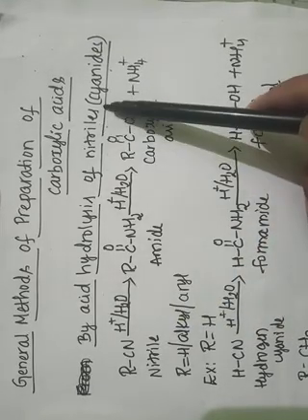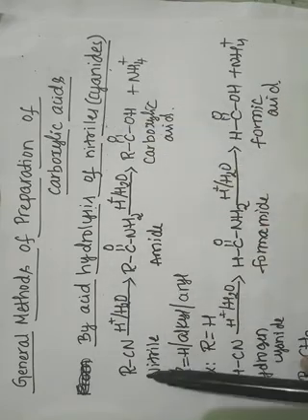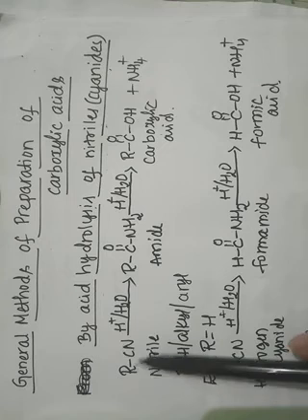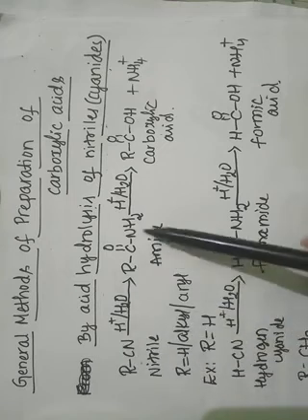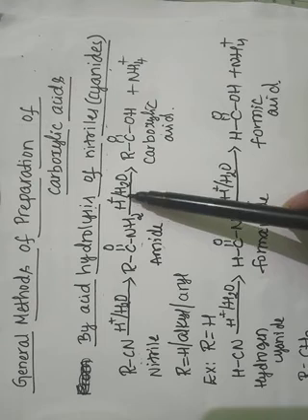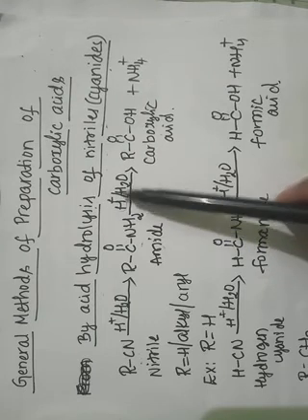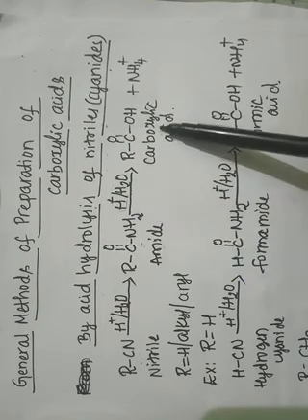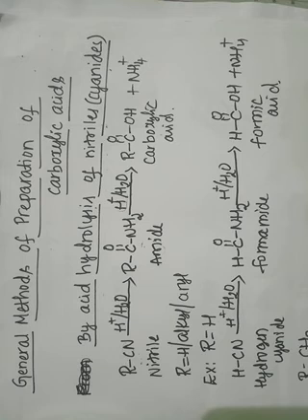So the first method is by acid hydrolysis of nitriles, that is cyanides. When nitriles are subjected to acid hydrolysis, they form the corresponding carboxylic acids. During the formation of these carboxylic acids, the nitriles first form the amides. These amides, when further subjected to acid hydrolysis, are converted into carboxylic acids.